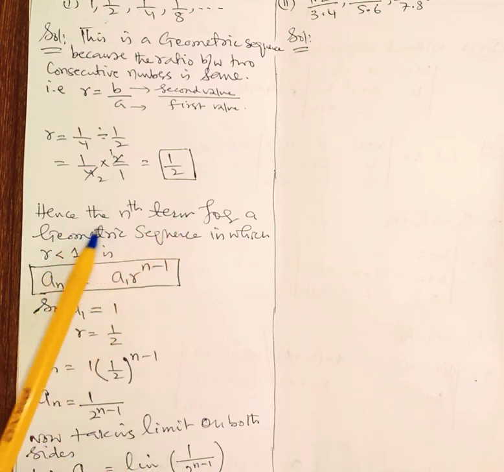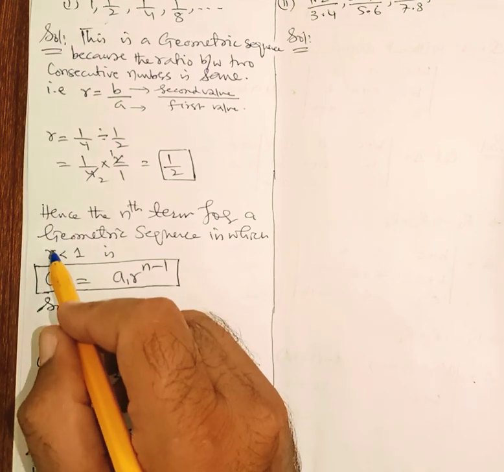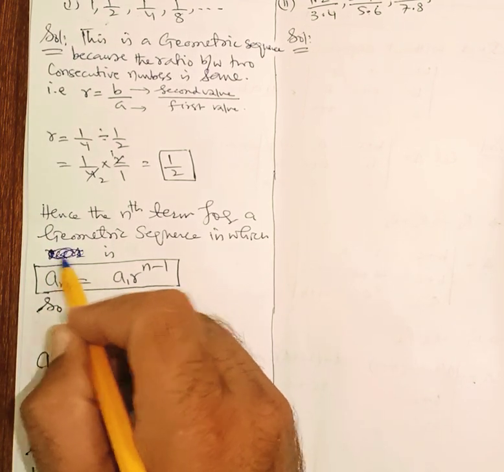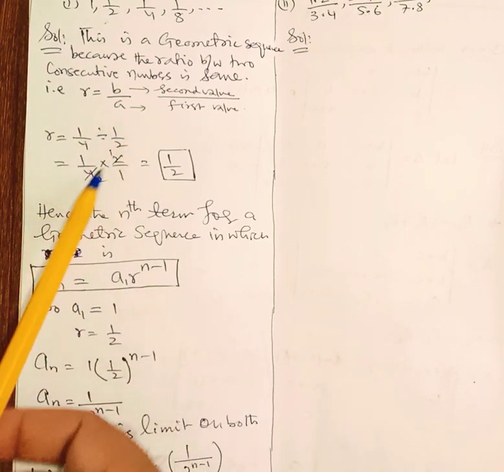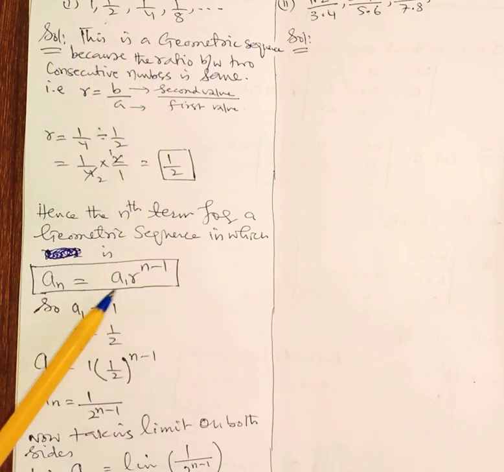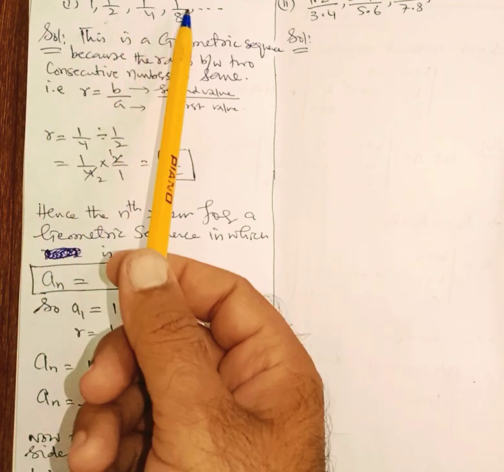The formula is a_n = a_1 r^(n-1); in some books it is written a_1, in some books it is just a r^(n-1). This is the formula for finding the general term of a geometric sequence.